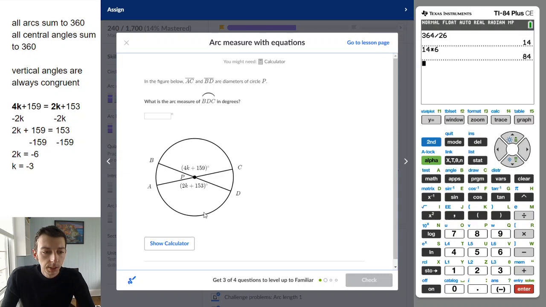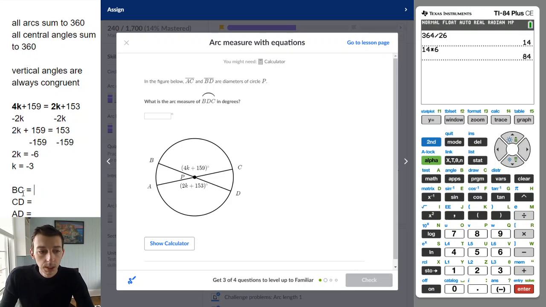BDC is everything except for what BC is. Now, if you're having trouble figuring out what to solve for in these, just list out all of your arcs, and we'll try and solve for every single one. Once we fill all those in, it'll make it a little bit easier to solve this question.